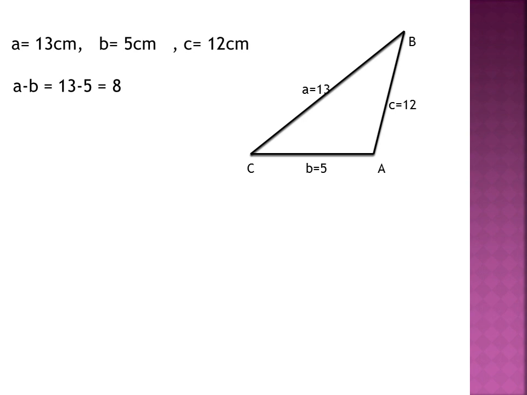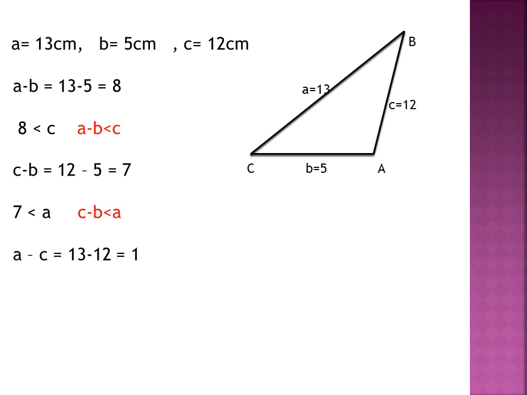So we can say that 8 is less than C, or the difference of the sides A and B is less than the third side C. Now we will take the difference of the sides C and B. C minus B equal to 12 minus 5, which will give us 7. So 7 is less than A, or 7 is less than 13, and the difference of the sides C and B is less than the third side A.